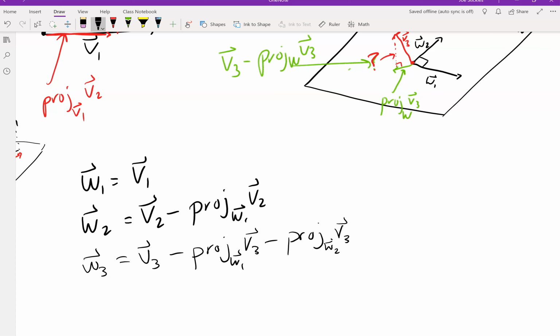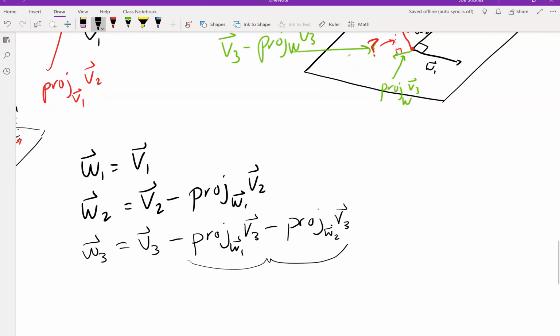The reason this comes from is because this projection vector has to be a linear combination of these two that we already found, because this vector is in the subspace that's generated by W1 and W2. That's what's in the handout. So that's where this part comes from.